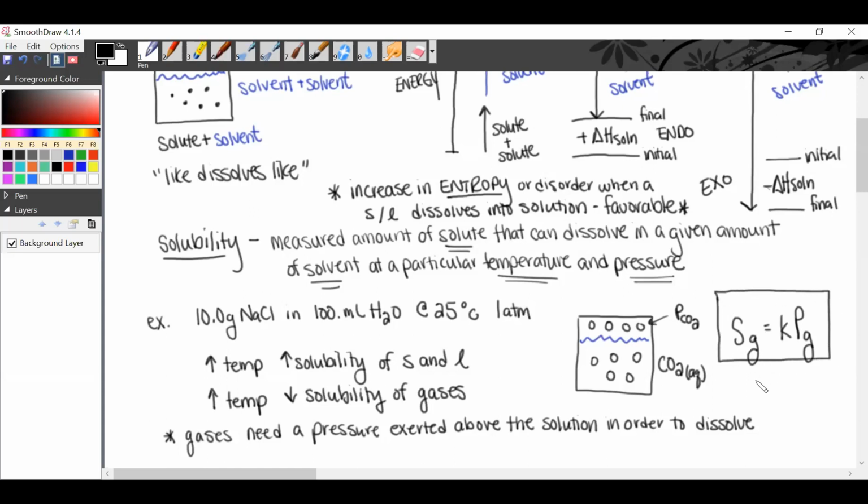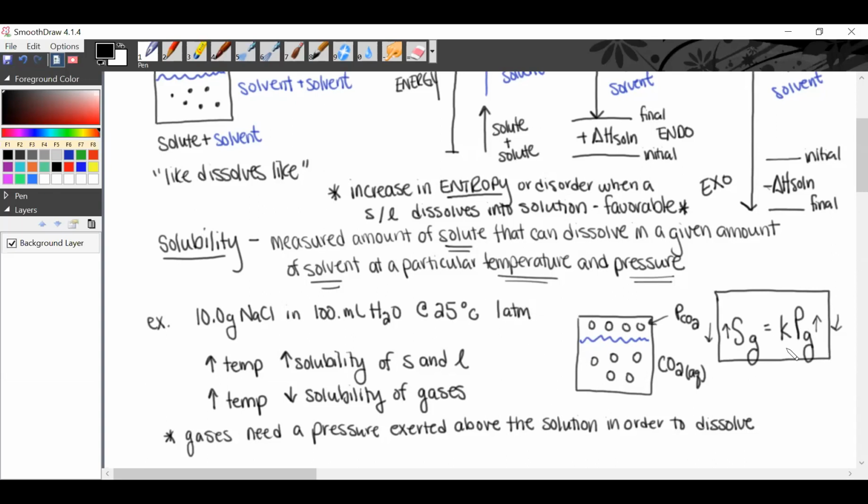In other words, they're directly proportional. The more pressure you have above the gas, the more soluble that gas is, right? With an increase in pressure, you're going to get an increase in solubility. And the reverse is also true. If you were to pop that can open, you would get a decrease in pressure and thus a decrease in the solubility, and the gas would bubble out.